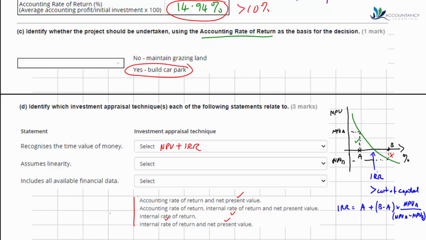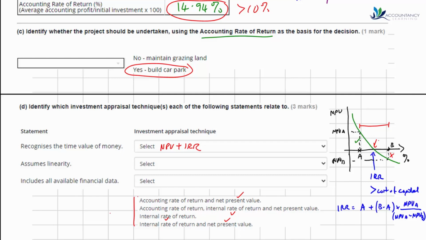Okay, so we're going to have whatever the cost of capital for A is, the rate at A, so that's going to be whatever that number there is. And then what we're going to do is add on to that B minus A. So we're working out what is the difference between these two numbers. But what we want to find out, remember, we're trying to work out what this number is here, that intersecting point.